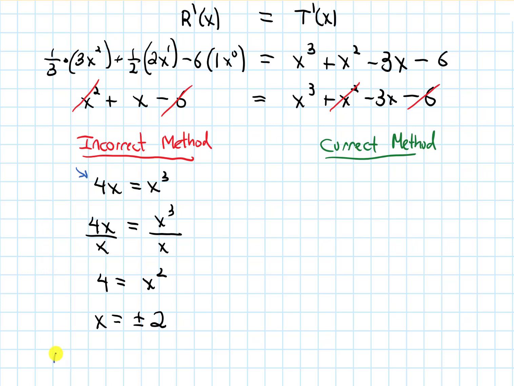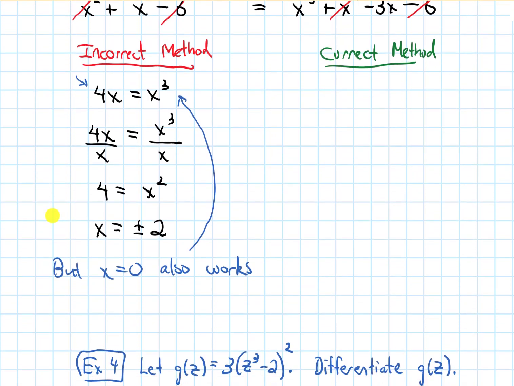All right, it turns out x equals 0 does the trick. x equals 0 also works in this equation, which leads to the question of why did we lose an answer?